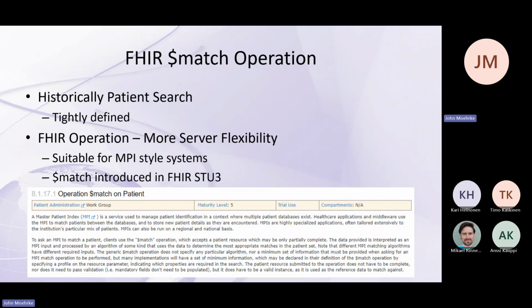It can rank them. It can do all kinds of matching. Could be fuzzy matching, could be probabilistic matching. So this enables the server to be more powerful, if you will, and from that point, the client just provides what it knows, and it gets back an identity.